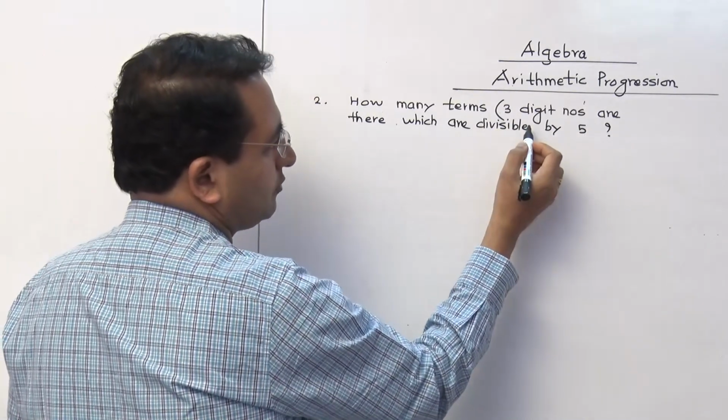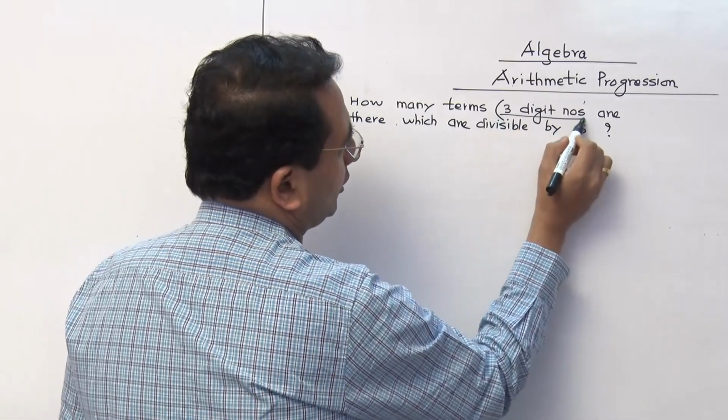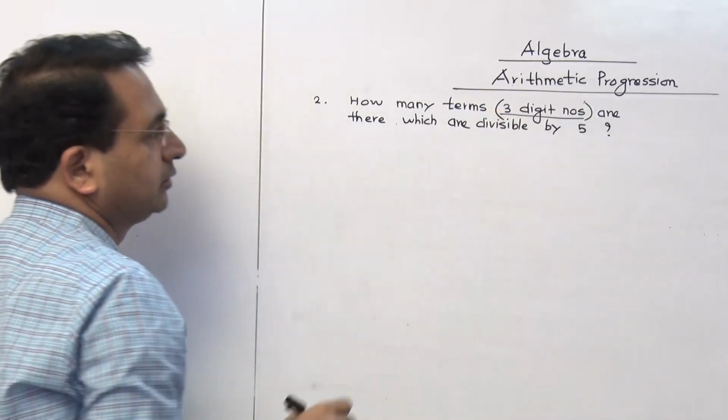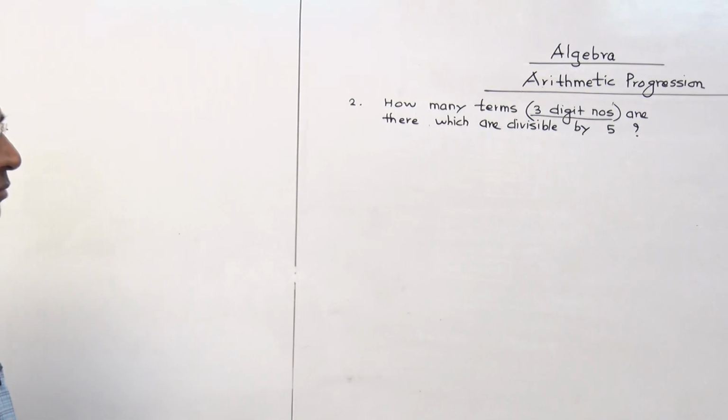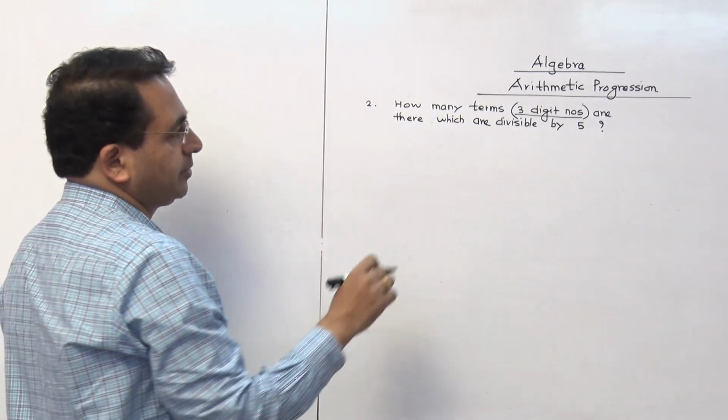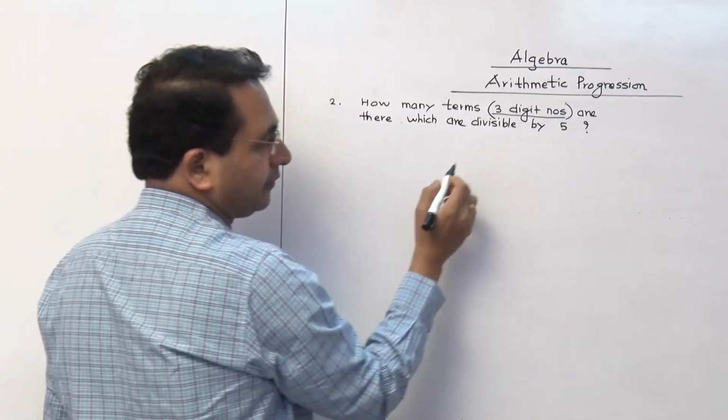How many terms? In fact, the question is simply like this: how many 3-digit numbers are there which are divisible by 5?